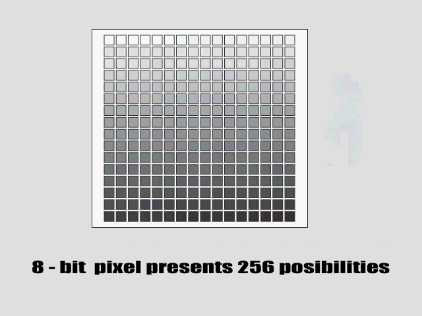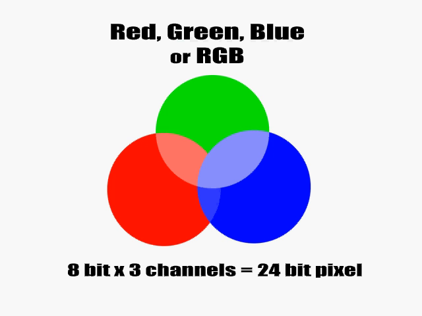A gray pixel has the data of 8 bits to represent 256 possibilities of gray levels. Color images are composed by adding red, green, and blue information for each pixel.